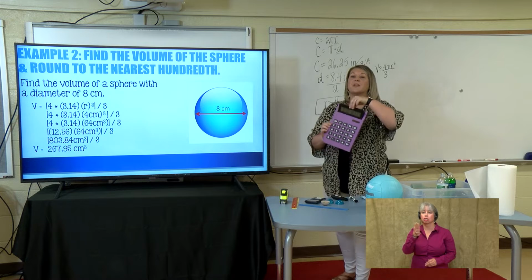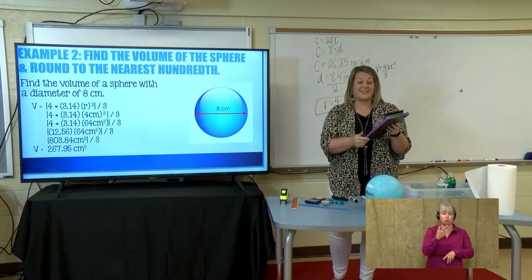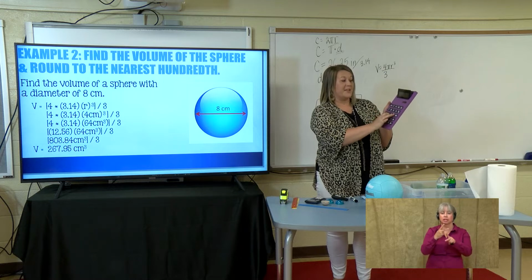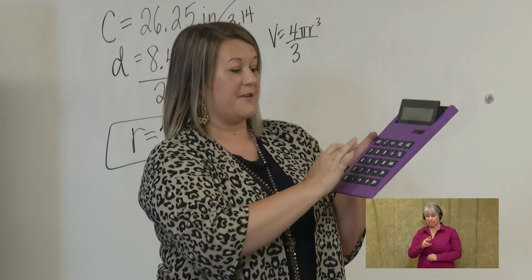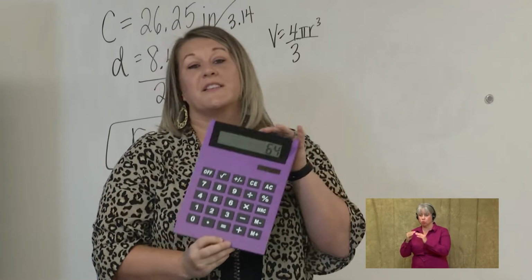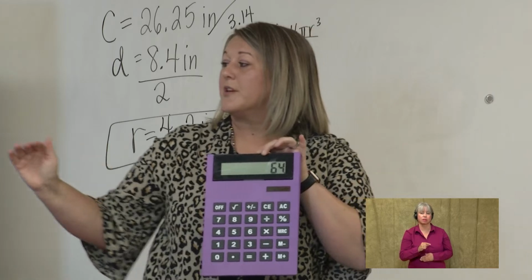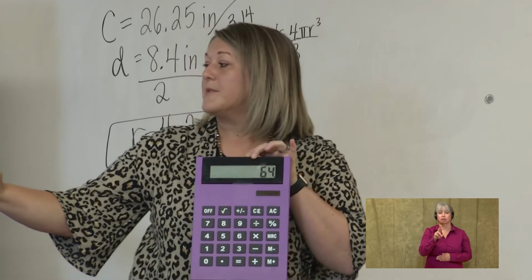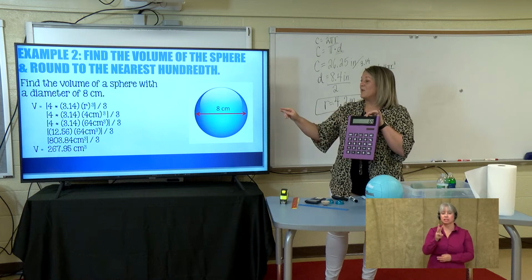To cube something, you are multiplying it by itself 3 times. So I have to do 4 times 4, which is 16, times another 4, which would give me 64. Then I can replace 4 cubed with 64 centimeters cubed. Then I have to multiply my 4 times my pi, 12.56.